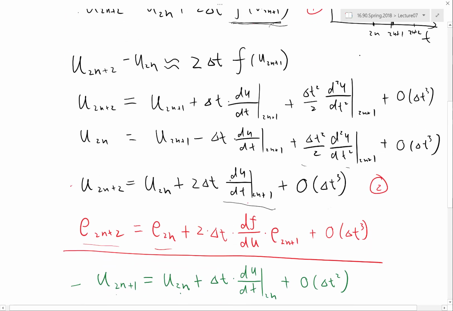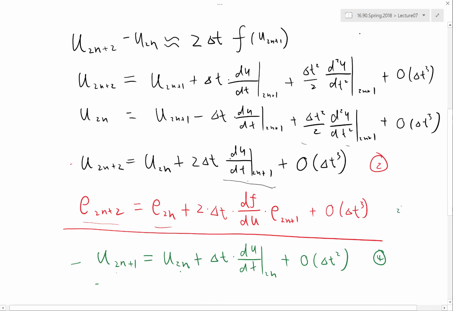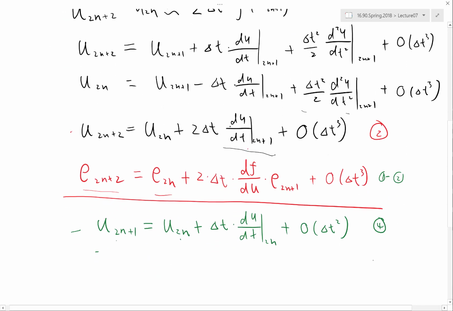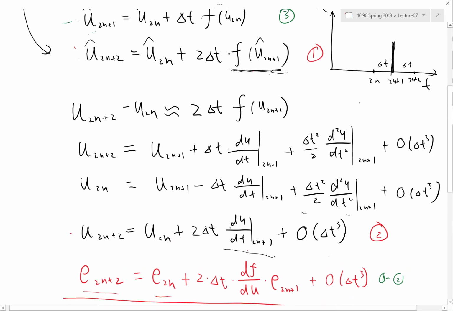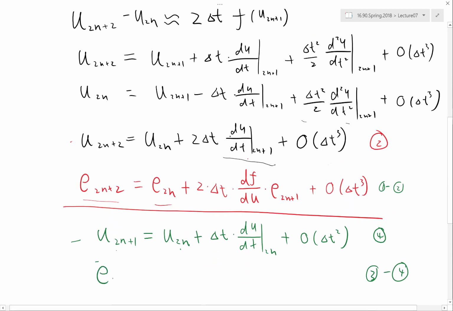So once you subtract, this is from 1 minus 2, and if you subtract 4 from 3, what you get is e of 2n plus 1, which is what goes into here, is going to be e at 2n plus delta t times the du dt at 2n.